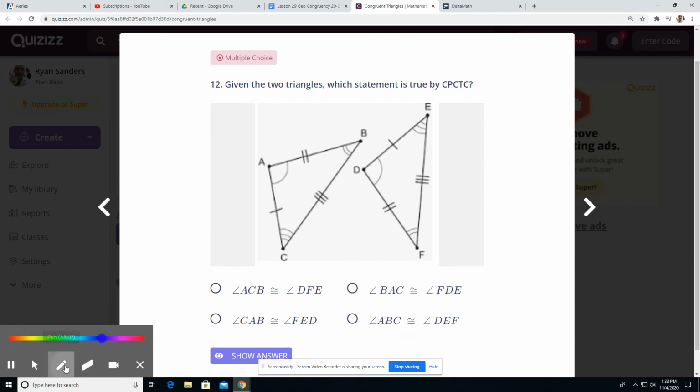There we go. Trying to find that erase button. All right. Given the 2 triangles, which statement is true about? Okay. So this is a very common abbreviation. It's so long that they always use the CPCTC.